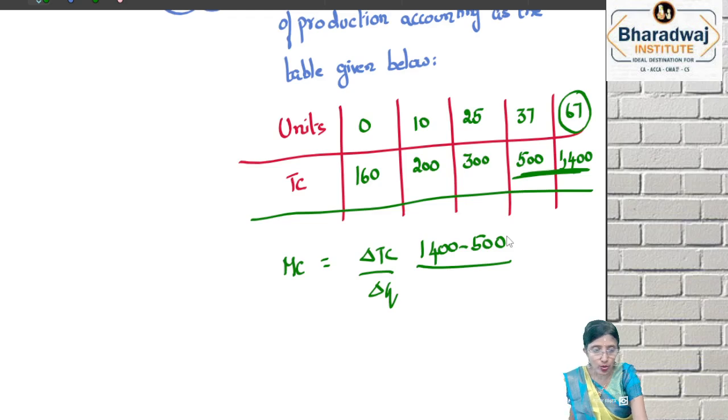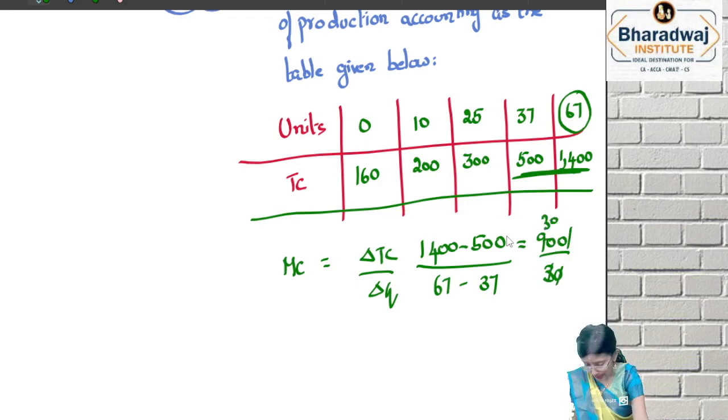What is delta Q? 67 minus 37. Please remember here, the denominator of MC is not 1. Always we have seen 1 only, but this is a different example. So now I have my answer as 900 by 30, and I get the answer as 30.